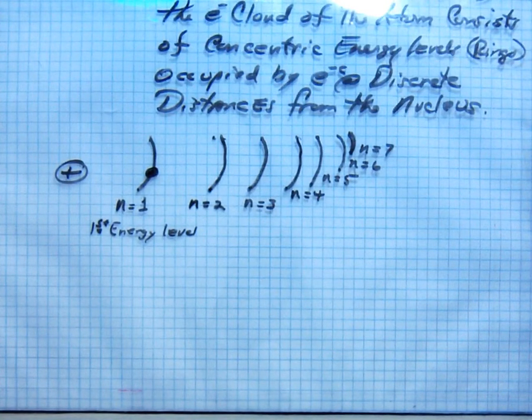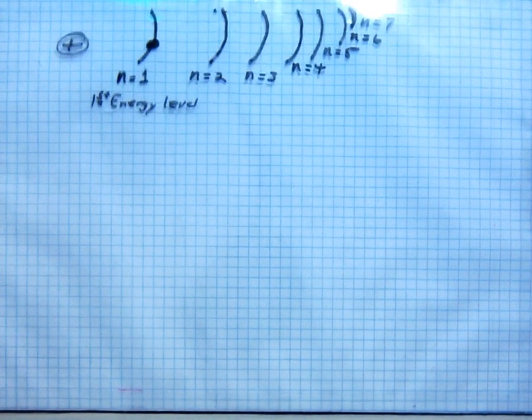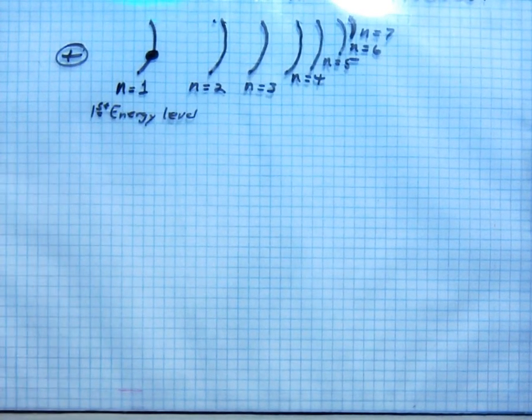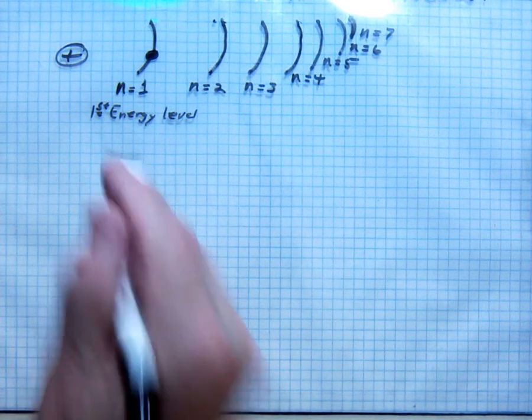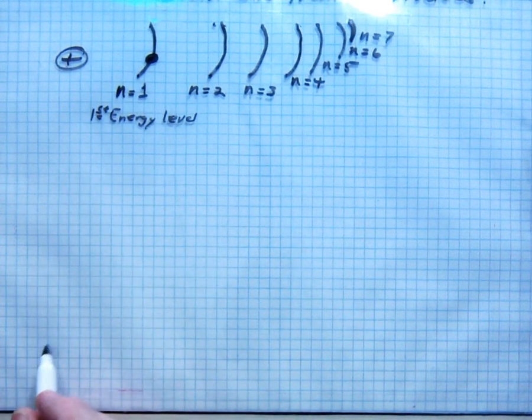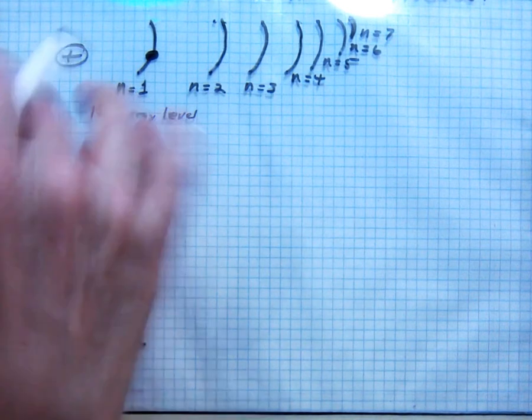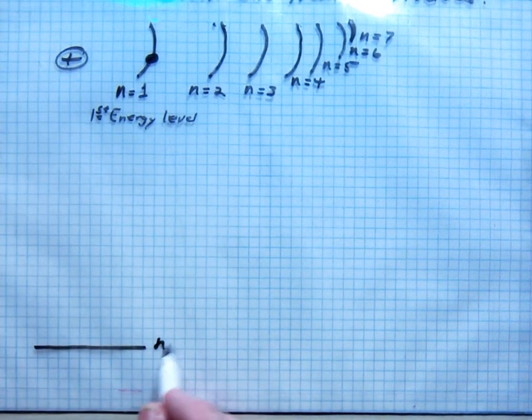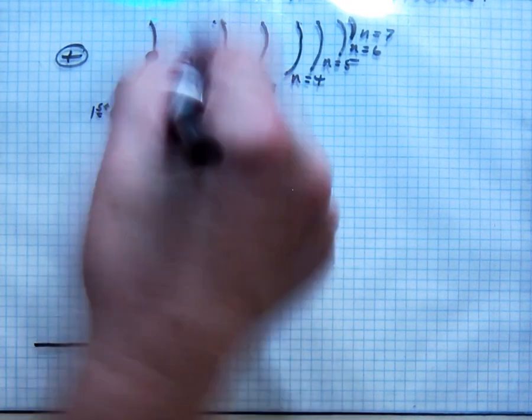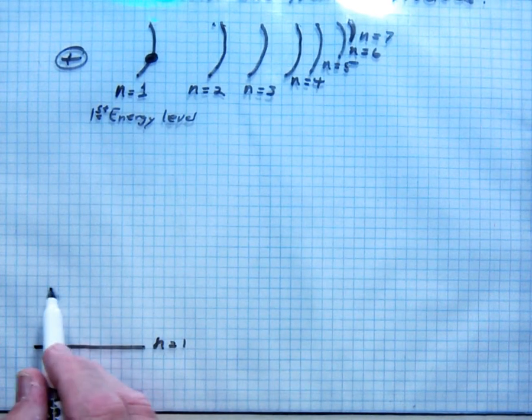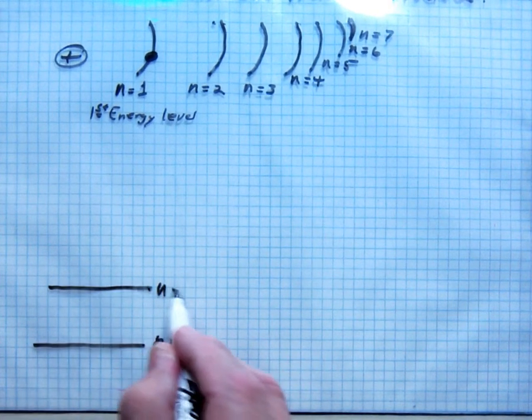So, when Bohr, everybody get everything they need here? Okay. So, Bohr reconstructed this and used a vertical display and showed how at each level the electron transitions, and there were several. I'll show you. Okay, we're going to start here. Give yourself a little room. And here's the n=1. That's the first ring. And then I'm going to come up here and do n=2.